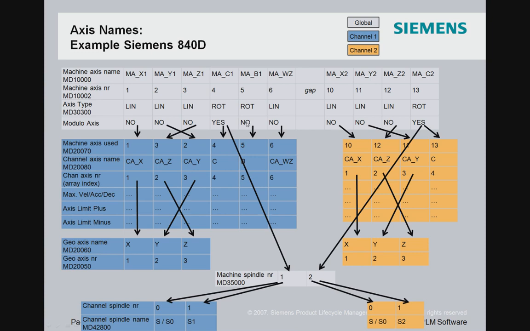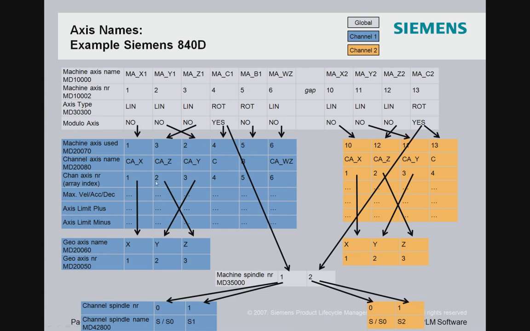And then the next thing that you can see is the blue and the orange sides that should represent two channels of these machines. So here you can assign an axis to a certain channel. Also in the channel, the axis can have a different name, a different index, and what we are actually looking for, here you can also find the parameters about maximum velocity, acceleration, limits, and so on.